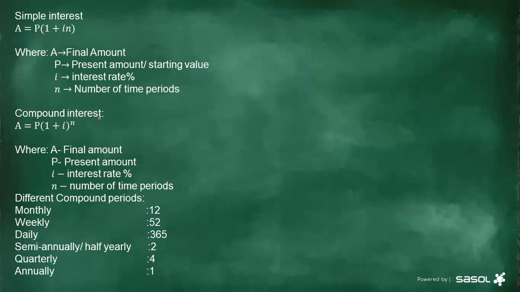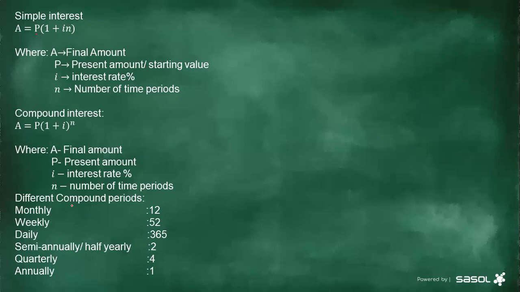Now, under this compound interest, we have different compound periods, right? Because every time we will get a question that gives us a compound period. Sometimes it will say compounded monthly, weekly, daily, semi-annually, quarterly, and the last one is annual. So every time this money is compounded in terms of these periods, you must know what number we are using.